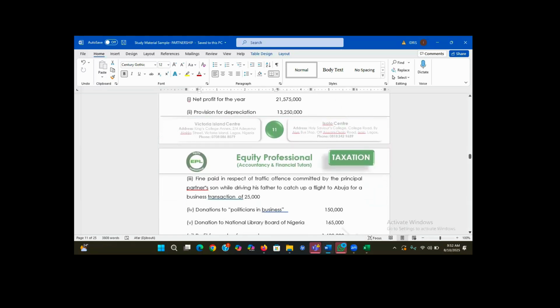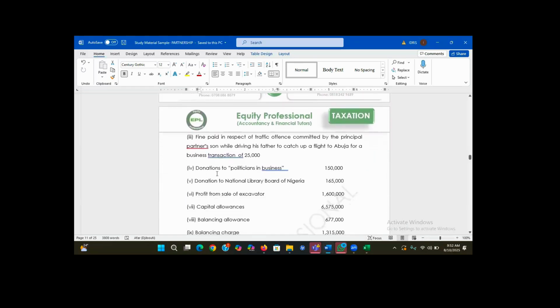We add it back. Number four, donation to politician, disallowed. Donation to National Library, allowed.